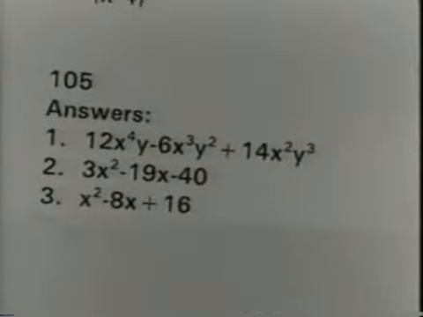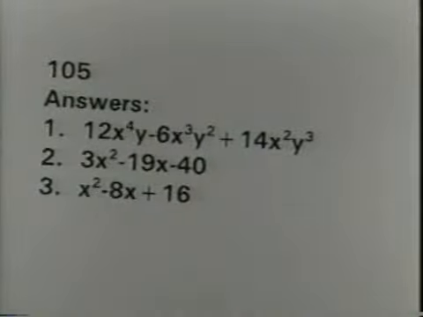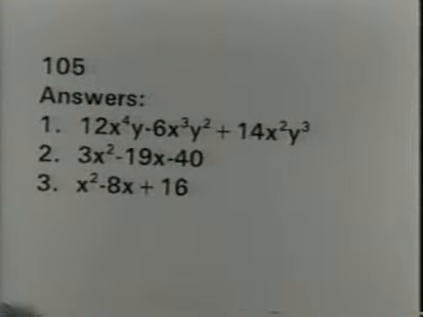Here are your answers. First one, 12x to the fourth y, subtract 6x cubed y squared, plus 14x squared y cubed.